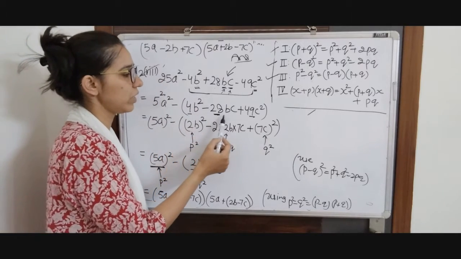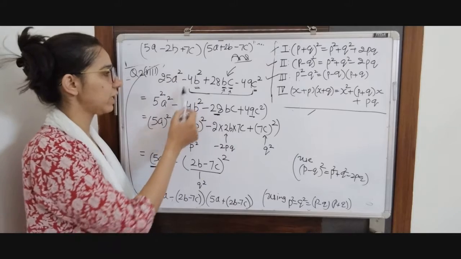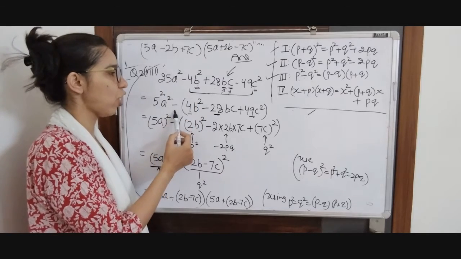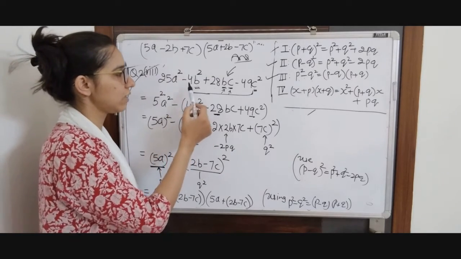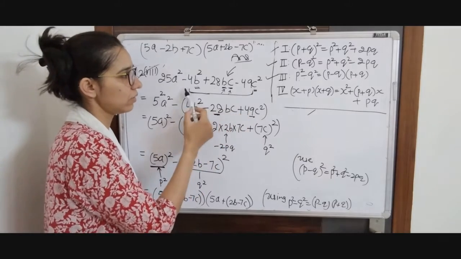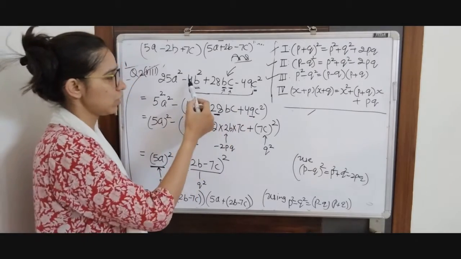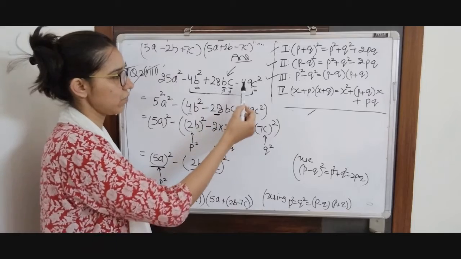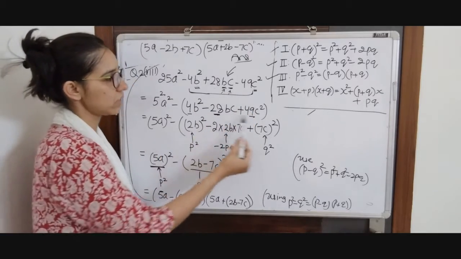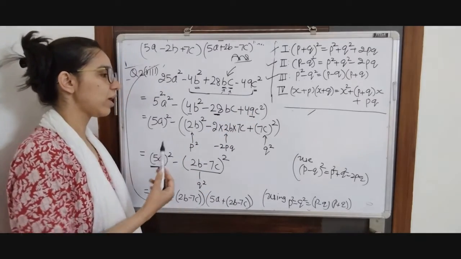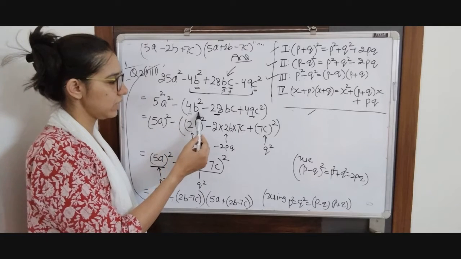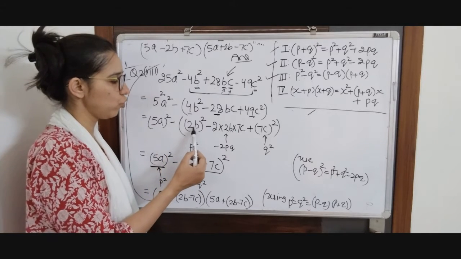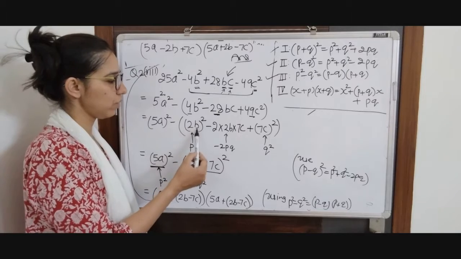4b square minus 28bc plus 49c square, because when we take a negative common outside, the signs of the numbers inside the bracket will change: negative to positive, positive to negative, negative to positive. So this is what we are getting. Next we are going to write these as square numbers. This is going to be 2b whole square, 2 square b square.